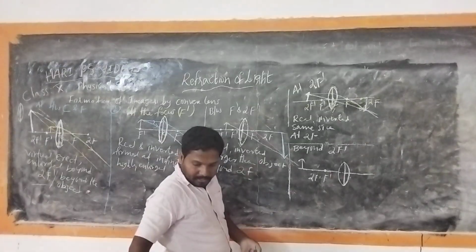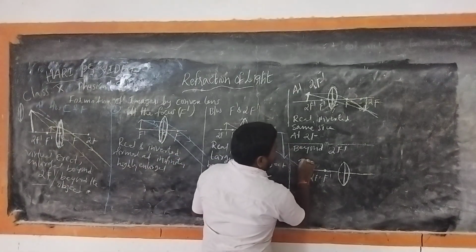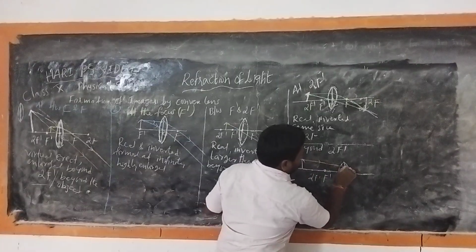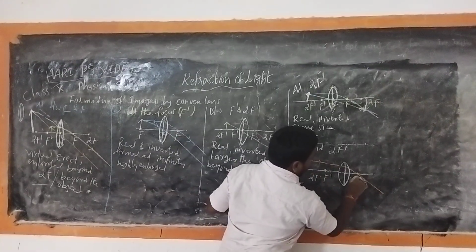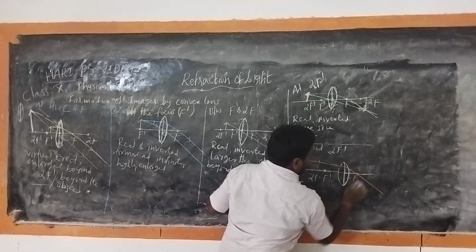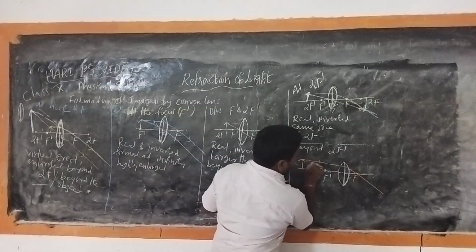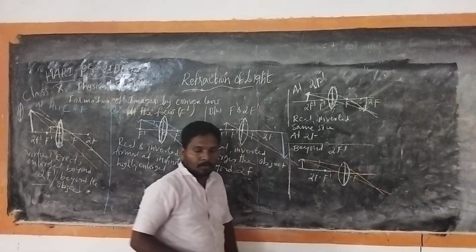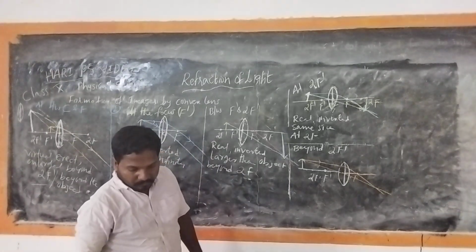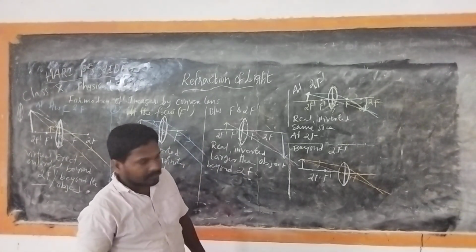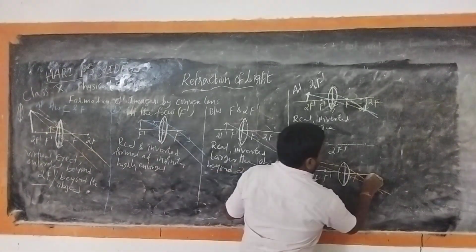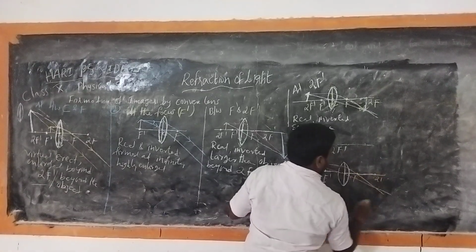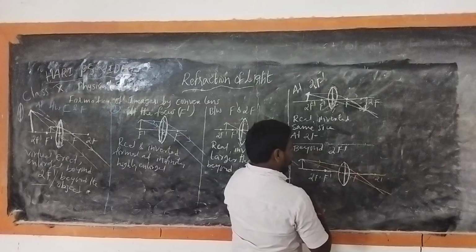Let us take a light ray parallel to the principal axis, passing through the focus. Then one more through the optic center. The image is formed between f and 2f.